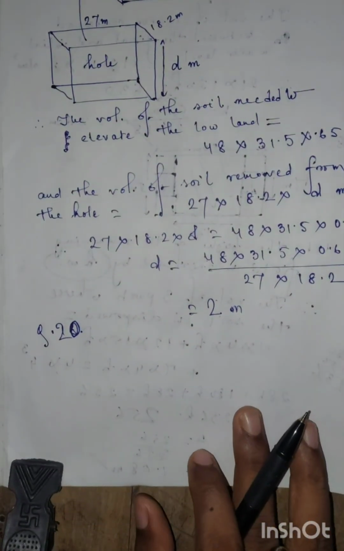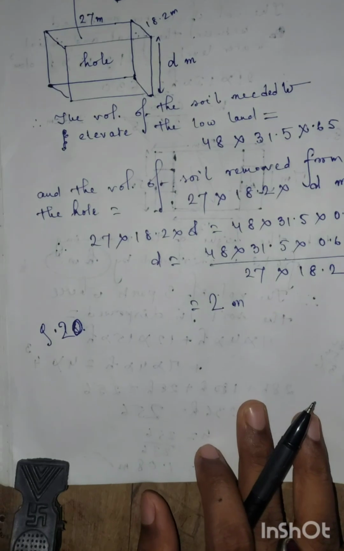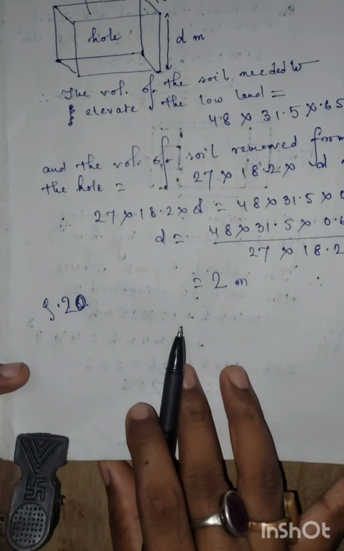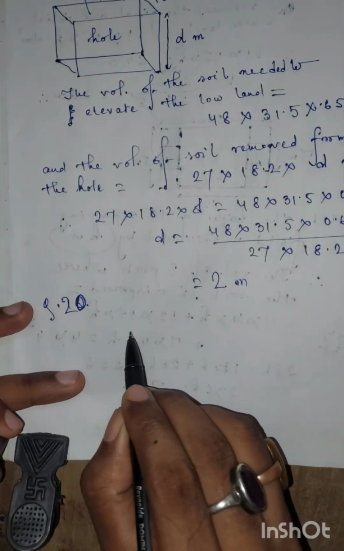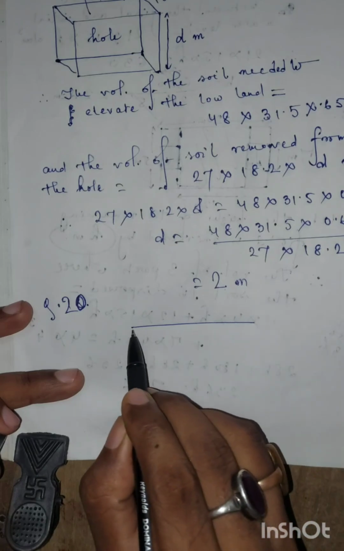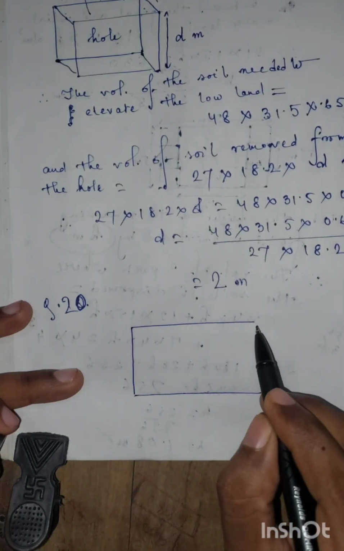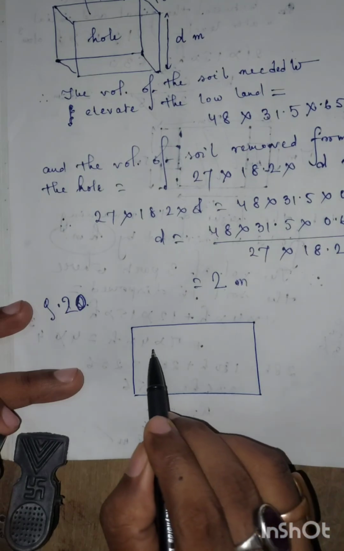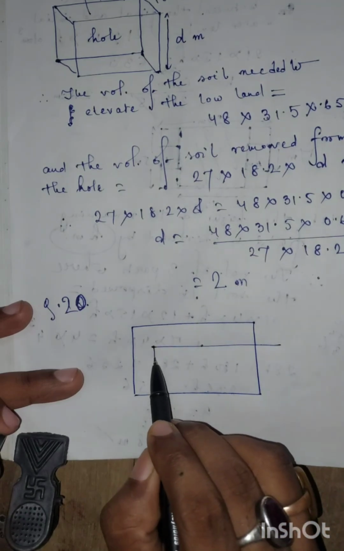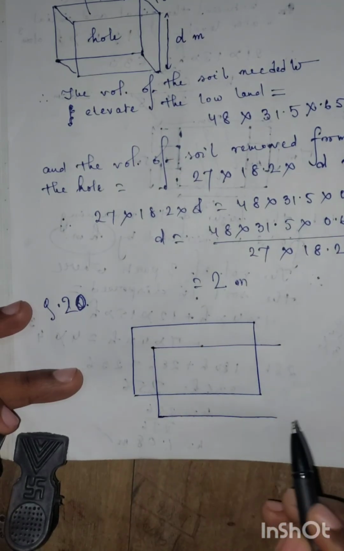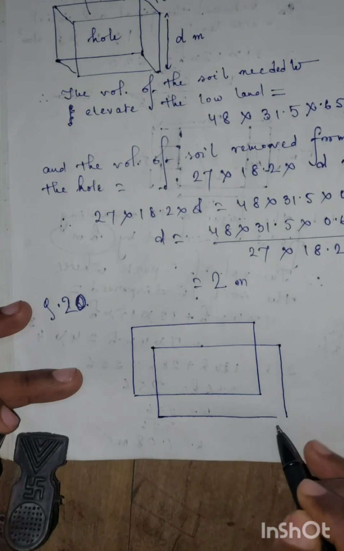Question number 20, let us draw it. So we have a container which is a cuboid.